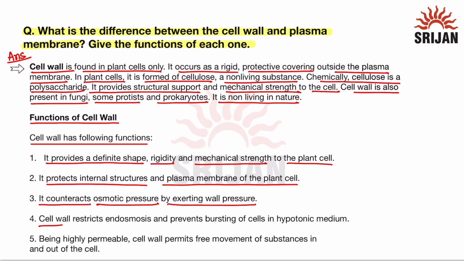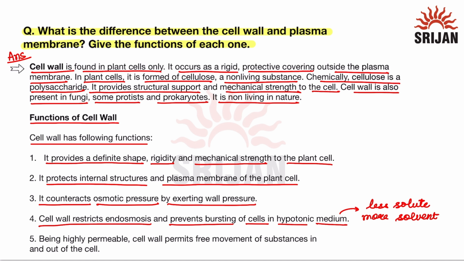Fourth is that cell wall restricts endoosmosis and prevents bursting of cells in hypotonic medium. So, hypotonic medium is that medium that consists of less solute and more of solvent is present. So, osmosis will take place and water molecules move from higher concentration to lower concentration.